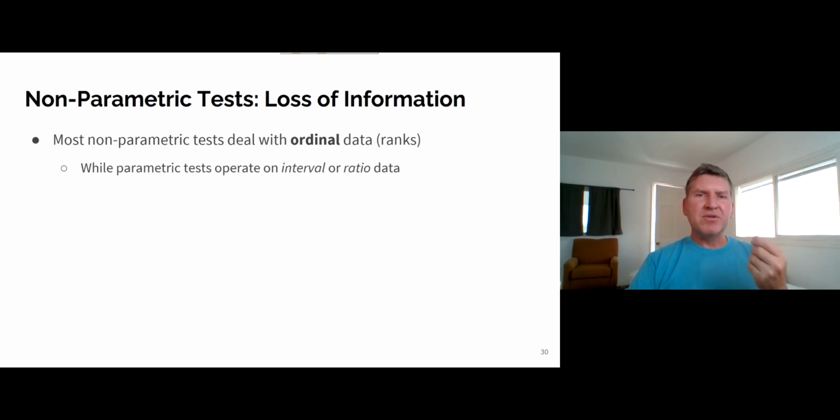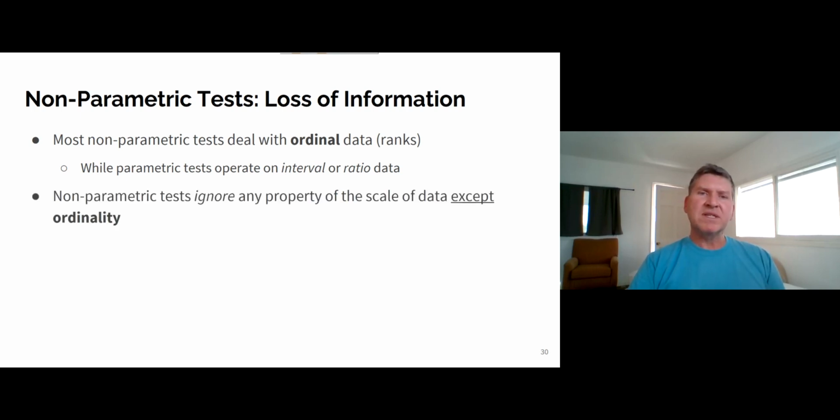While parametric tests operate on interval or ratio data, remember, those are the most sophisticated, non-parametric tests ignore any property of the scale except the order in which they occur. Remember when we were talking about correlation, and we used Pearson's R, but there were some other options like Kendall's tau?